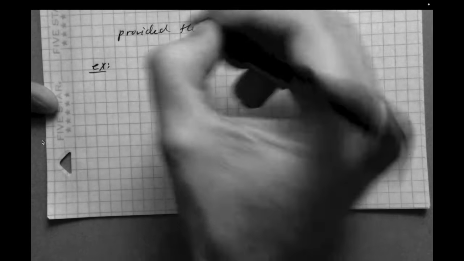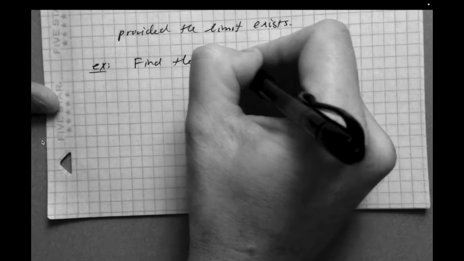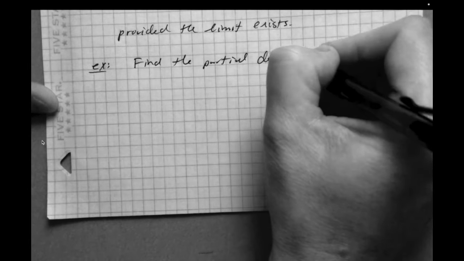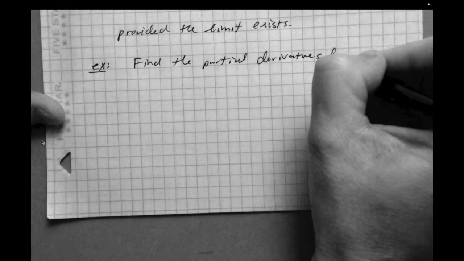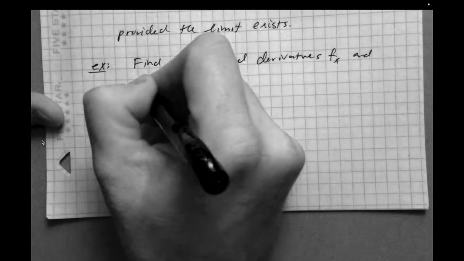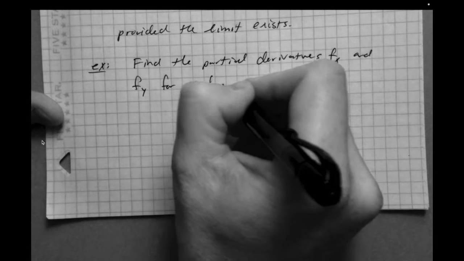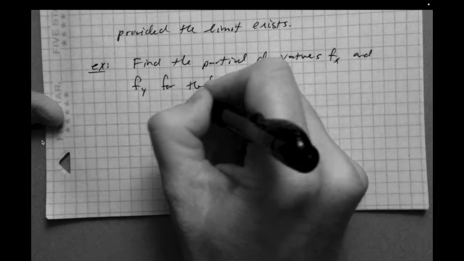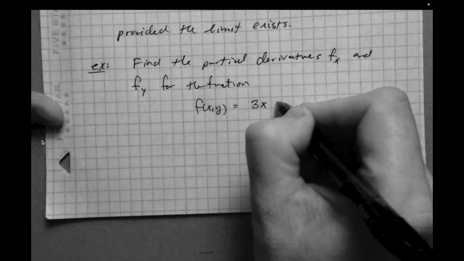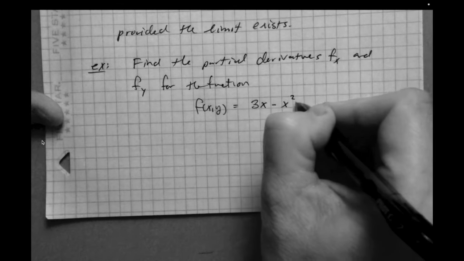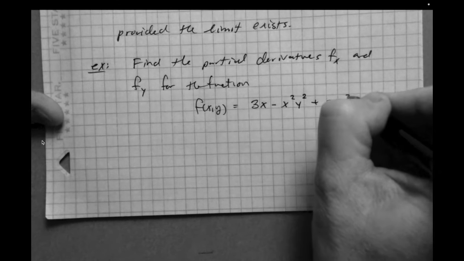Okay, so let's find the partial derivatives f sub x and f sub y for the function. And let's say we've got f of x comma y equals 3x minus x squared y squared plus 2x cubed y.